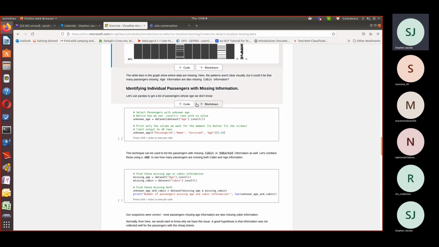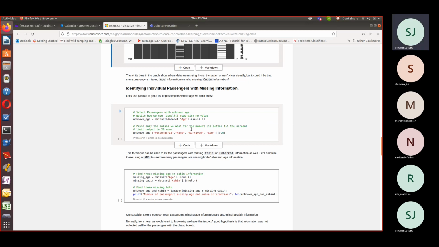Okay, so we can identify individual passengers with the information here by looking at the data set for age, looking for is null, so information we don't know, so unknown age is here, and print only the columns we want to better fit the screen. So unknown age, and we're looking at the passenger ID, the name, survived, and age, and this here is limiting us to a number of rows, I think.